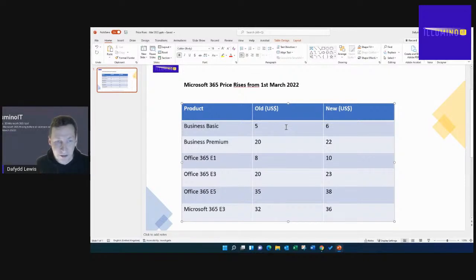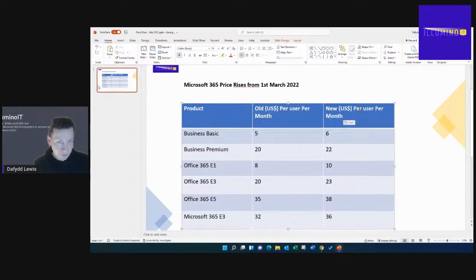We're just showing you the percentage price rise there in the US, and just in case those prices do change before they get finally published here in the UK, we've left those as the US dollar value. So I'm going to just add in some detail here. That's per user per month also, just so that it's a bit clearer for you in terms of what that price rise is.